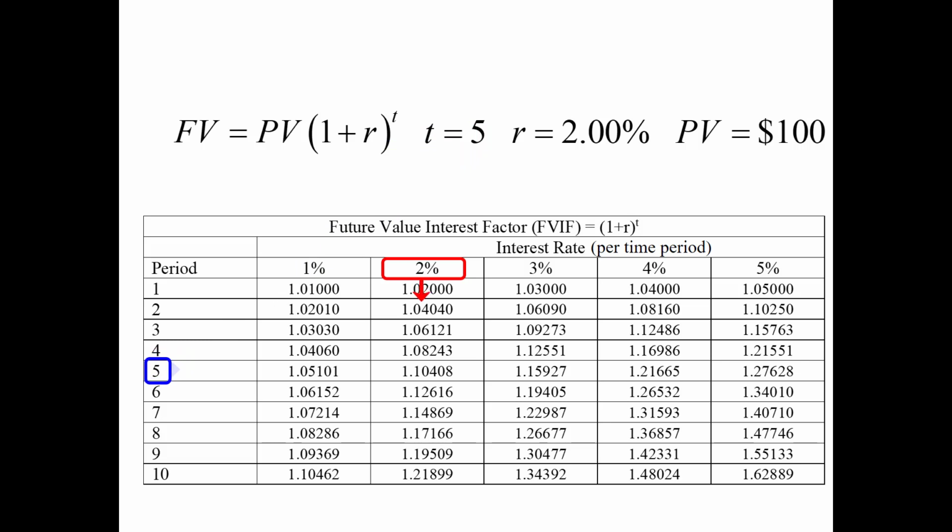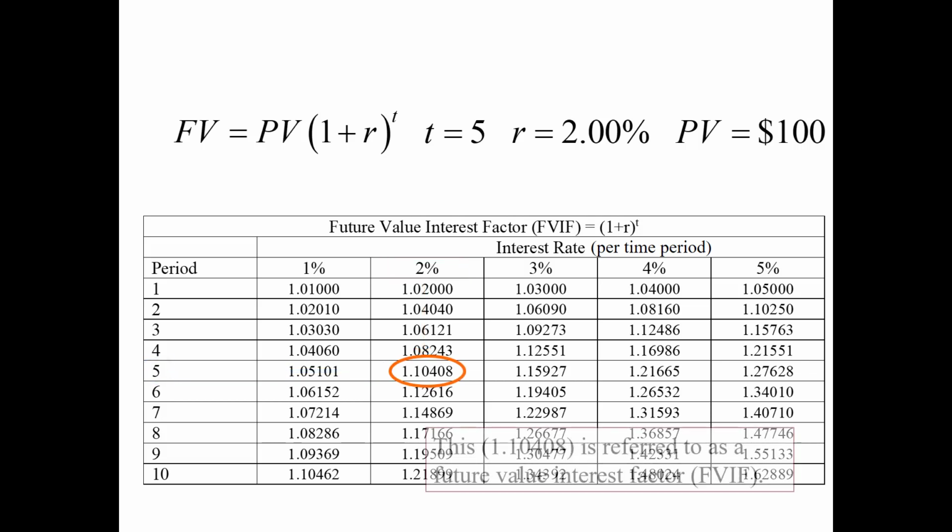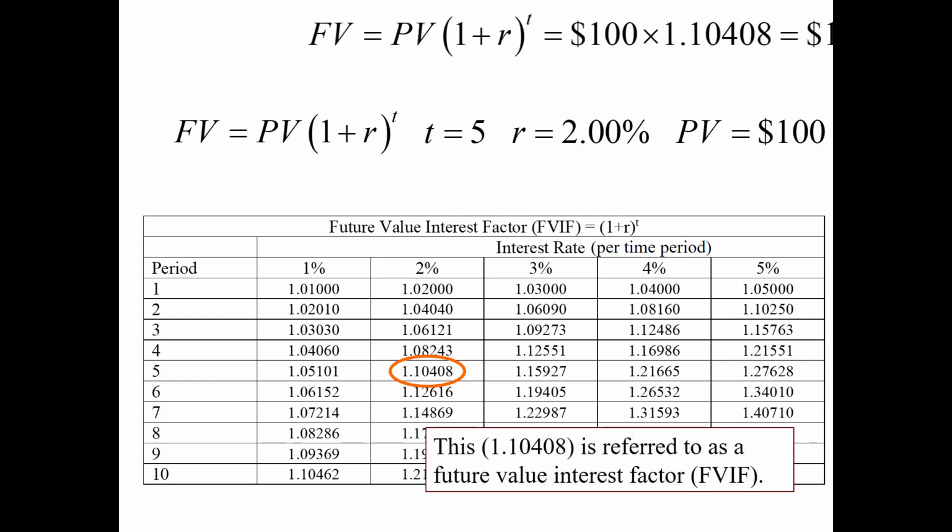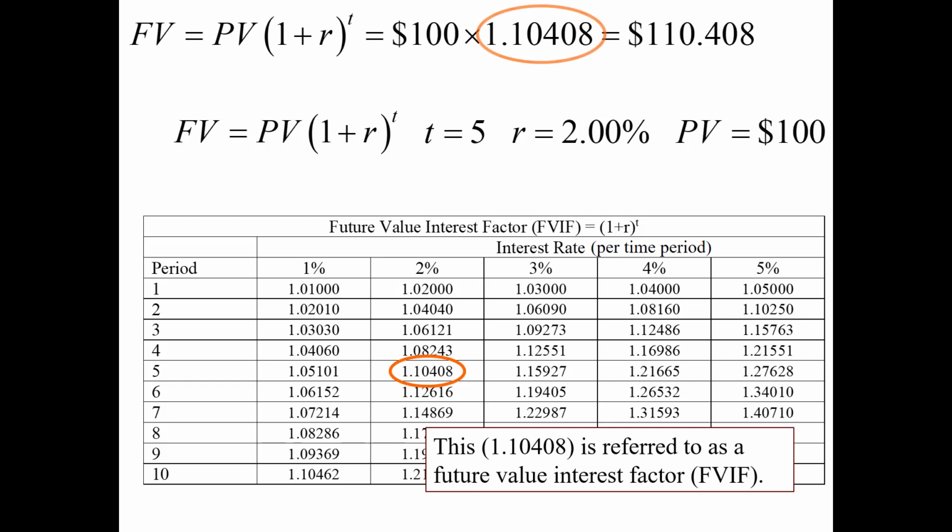And we find the intersection of the column and the row of 2% and 5 years. And we find that our future value interest factor is 1.10408. And so when using that future value interest factor, we could take our present value of $100 and multiply it by 1.10408 to find the value that we had before of $110 and about 41 cents.